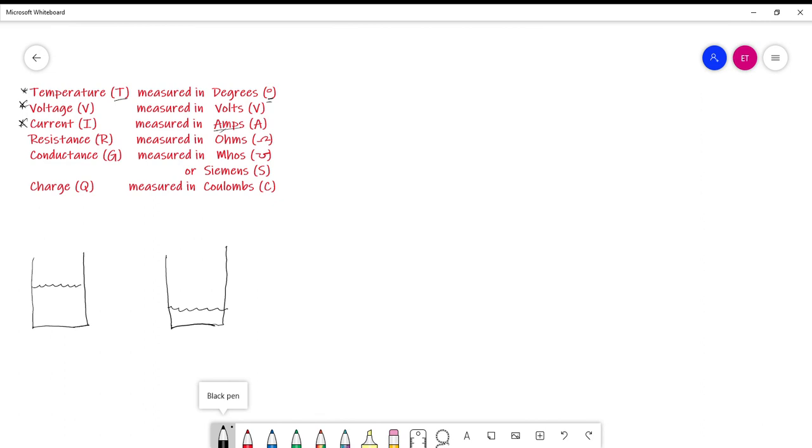And that is abbreviated with an A. Then there's resistance, abbreviated with R, and it's measured in ohms. The symbol for ohms is sort of like this little horseshoe type thing. I can draw it again if you want to try to see it, something like that.